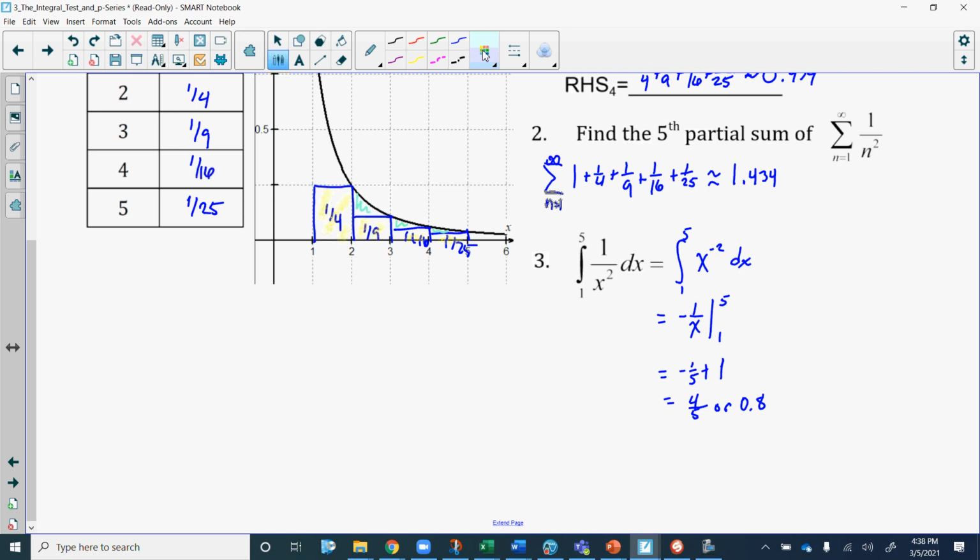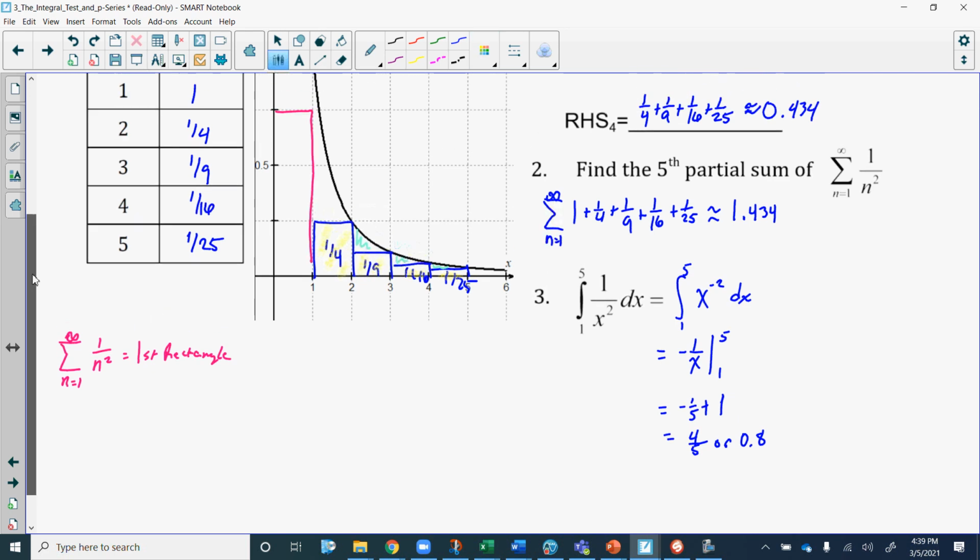What we can look at here is if we take the summation of n equals 1 to infinity of 1 over n squared, this is going to look at the first rectangle. The first rectangle I'm referring to is when n is equal to 1, the rectangle right here.